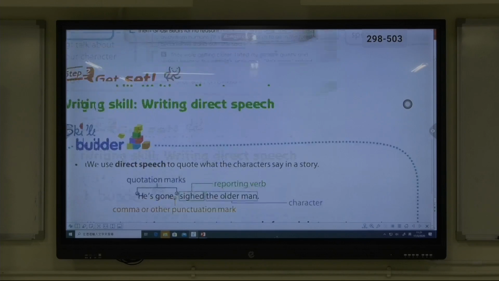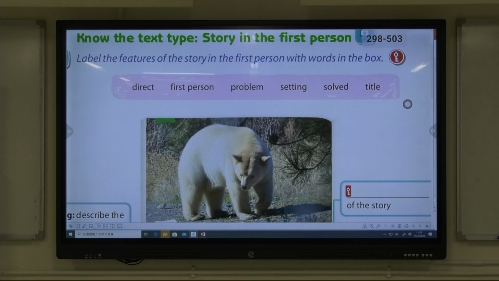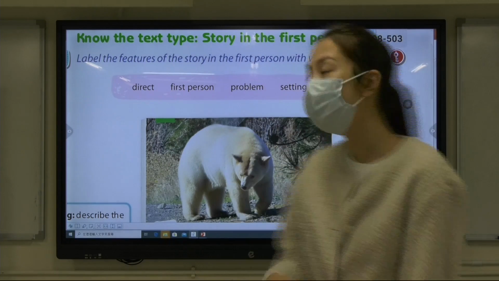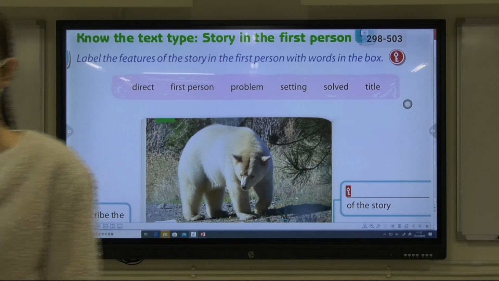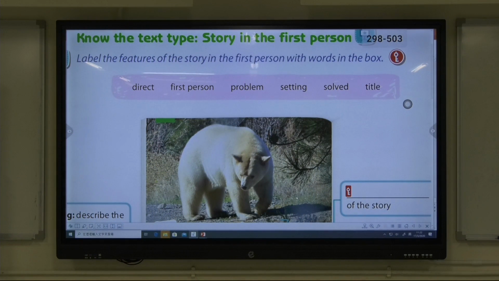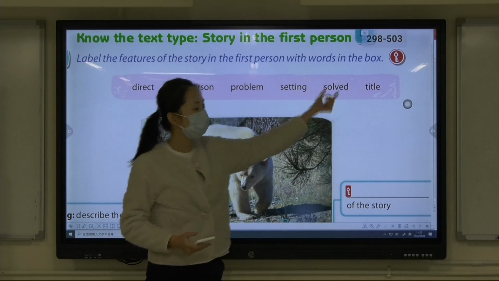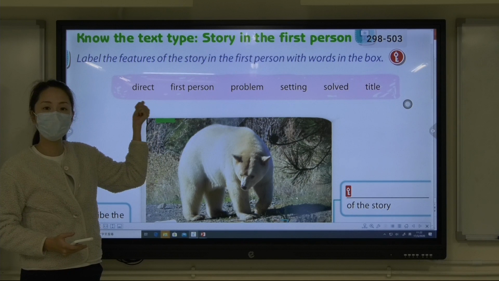Let's go to page 23, okay? Page 23. So after talking about the structure, it's text time, so we will finish this one first. Direct, first person, problem, setting, solved, title. Let's look at this one, direct. Write down the Chinese meaning.